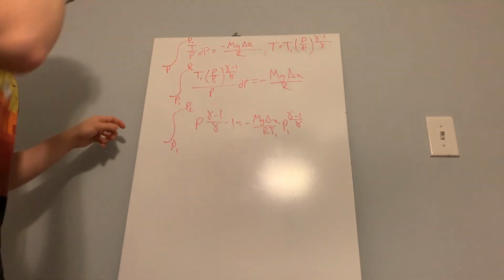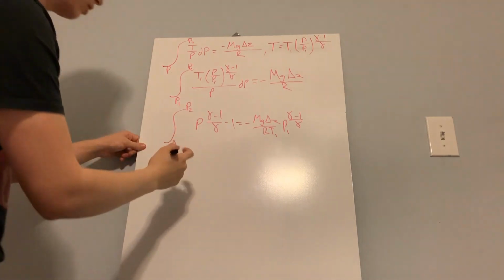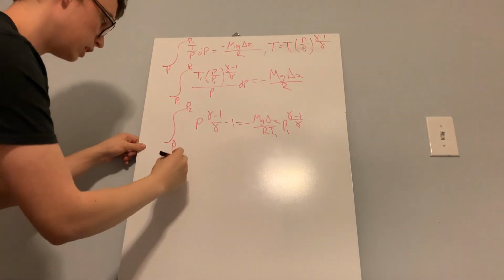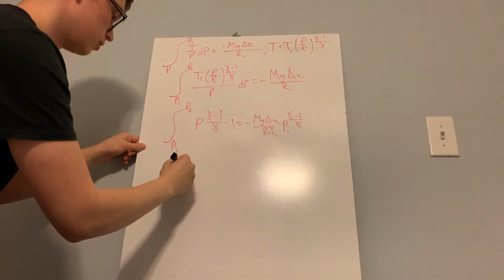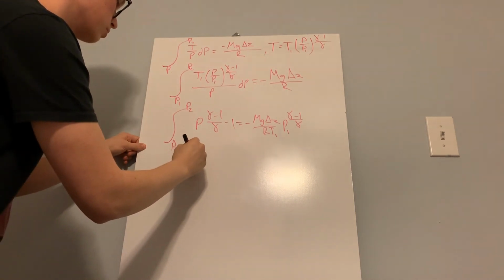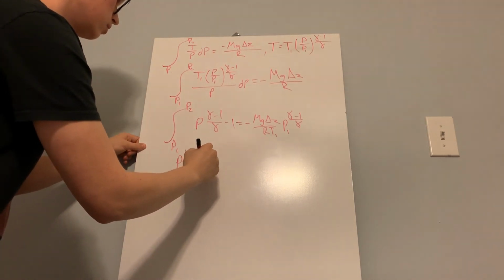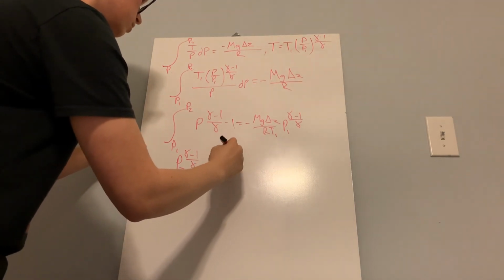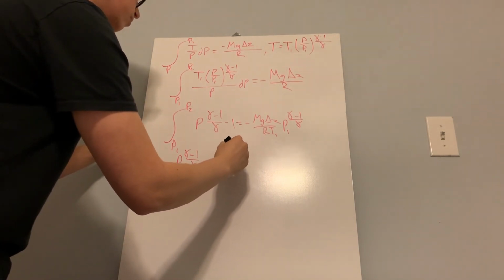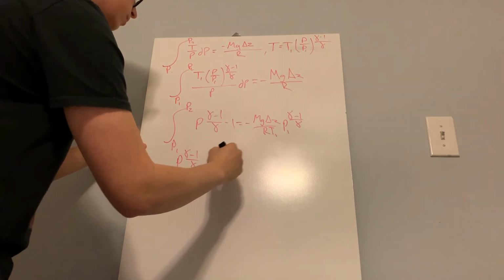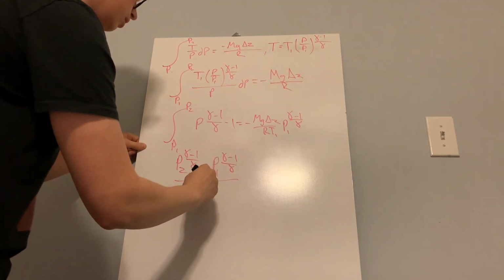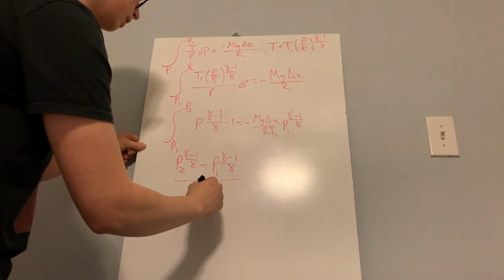Okay? Now, after we do this integral, it becomes P2 to the gamma minus 1 over gamma, minus P1 raised to the same, over gamma minus 1 over gamma.